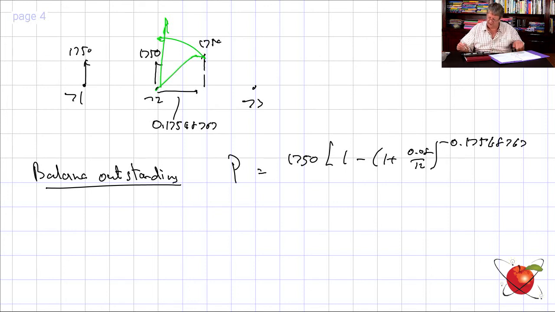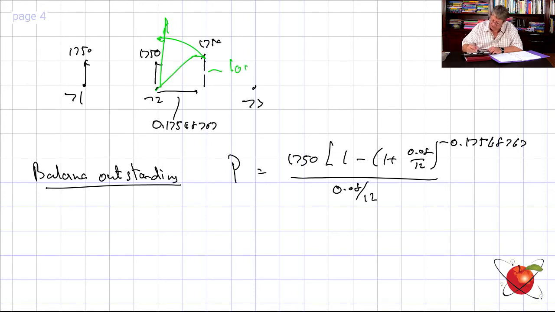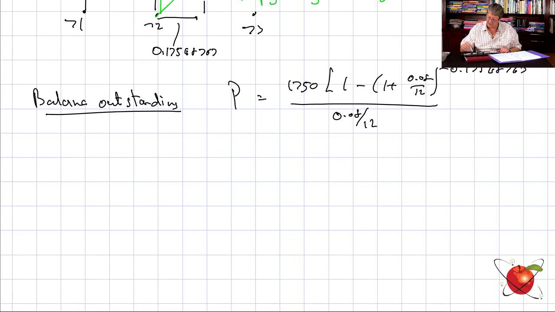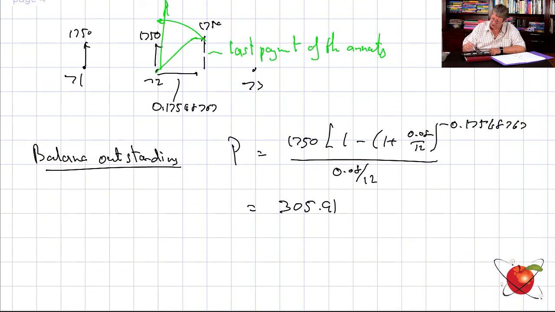Therefore, all that divided by 0.08 over 12. Because this little green thing here is the last payment of the annuity. And if I work that out, I get a value of 305.91. Now, let's recap. Look, I've got it to there now.